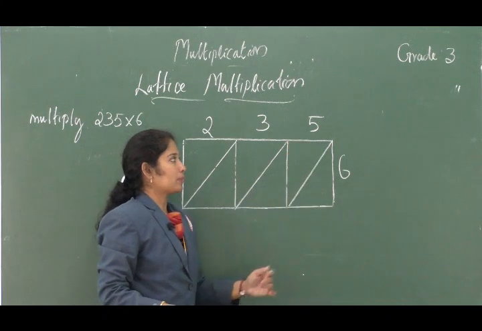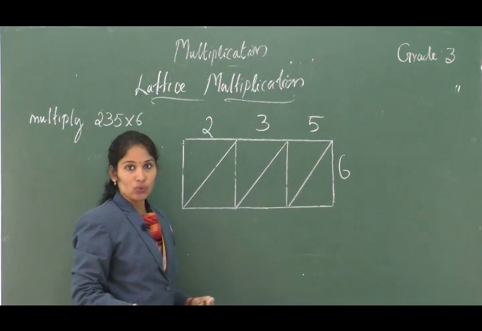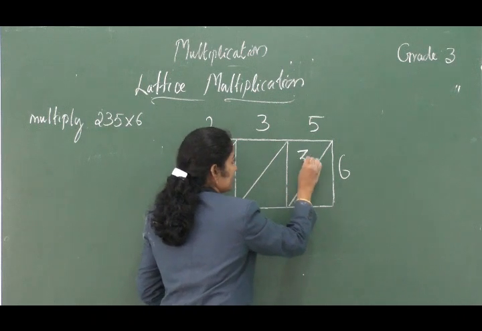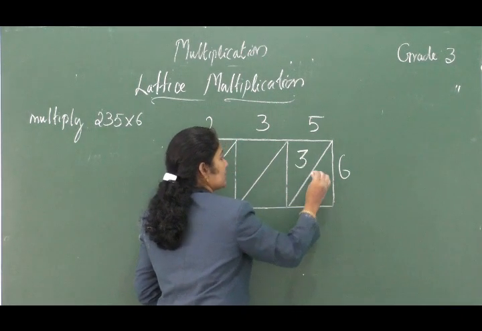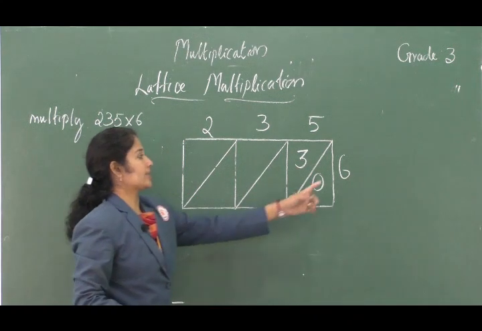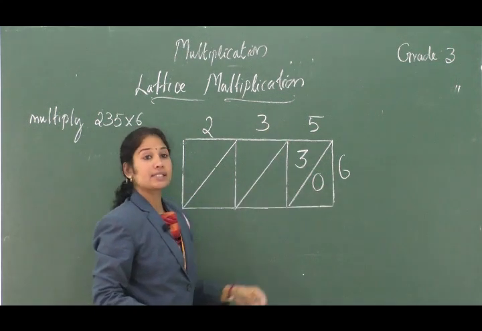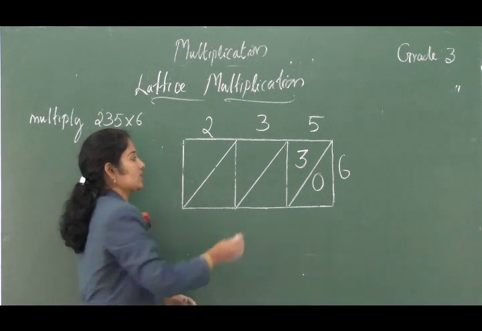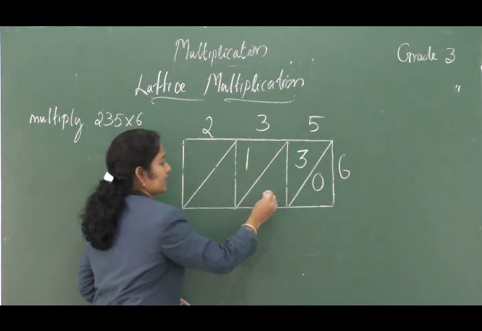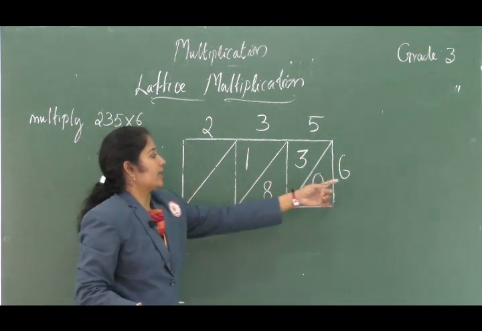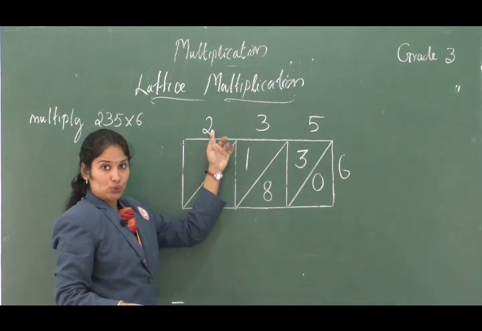First we have to multiply 6 into 5. So 6 into 5 is 30, 3, 0. Next we have to multiply 6 into 3. What is 6 into 3? Yes, 18. So we can write 1 here and 8. Next 6 into 2.